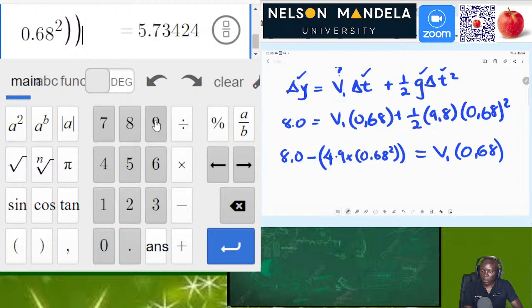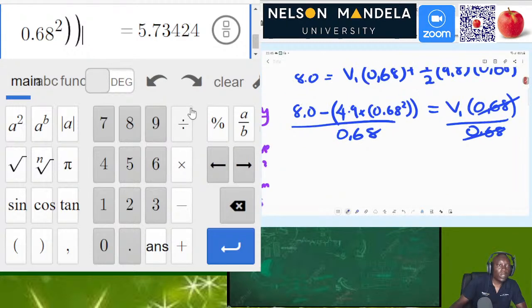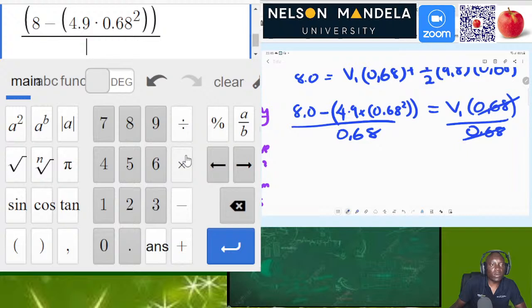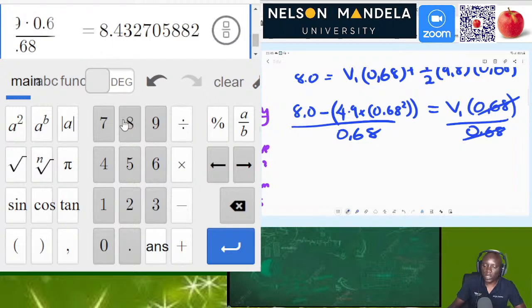So divide by 0.68 everywhere, we get v1. So this expression over 0.68 gives us 8.43. v1 equals 8.43 meters per second.